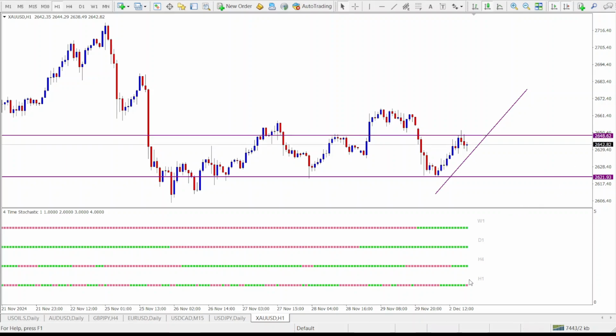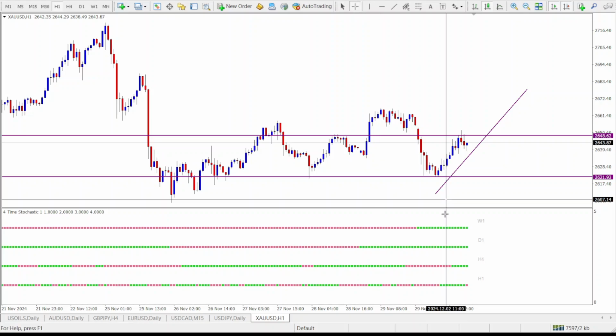Or you can decide to wait for an opposing signal. For example, you can wait for a pink dot to form. And remember, on whatever time frame you are trading, if you entered a buy position on the 1 hour time frame, make sure you find your exit on that 1 hour time frame. Do not enter a buy trade on the 1 hour time frame and look for sell or exit signals on another time frame.